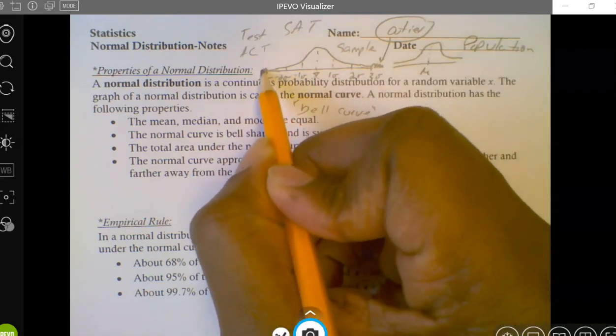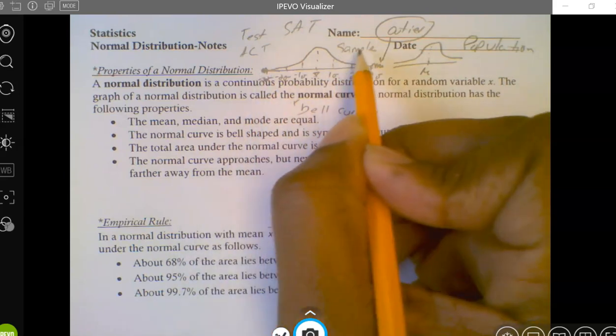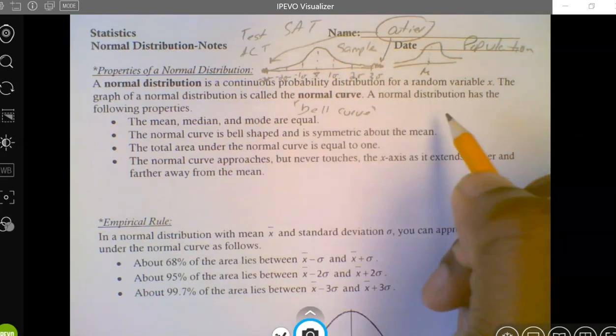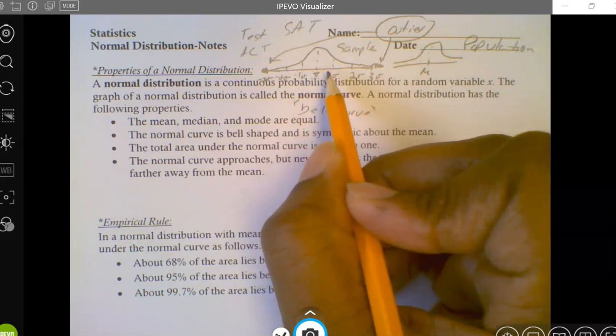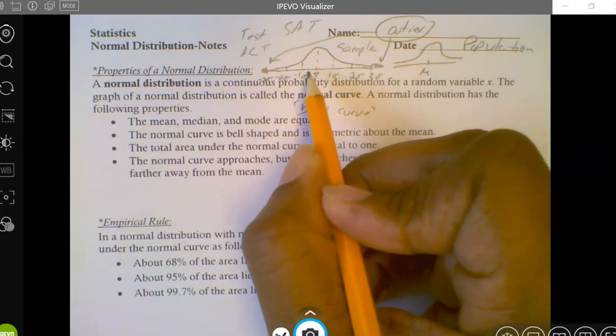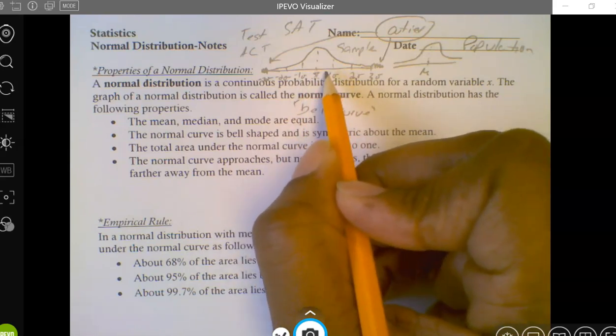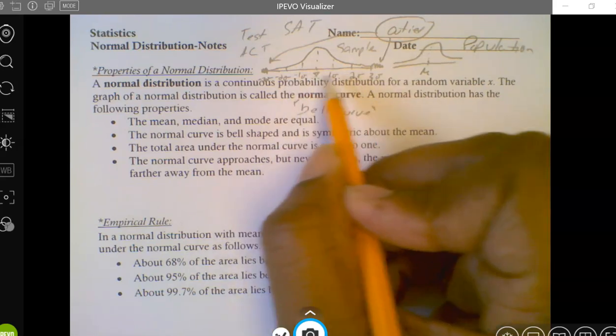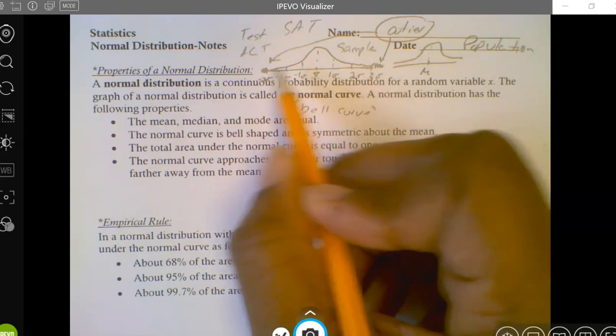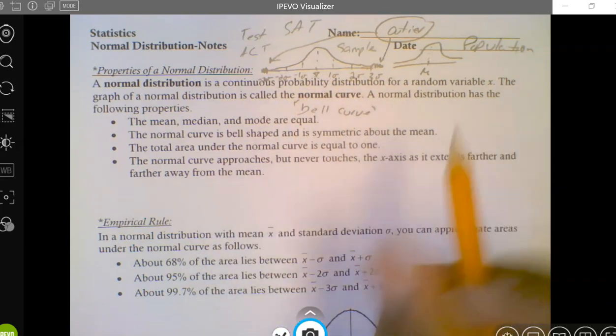Again, on this side, outside of -3 is also an outlier. But basically the majority of people should be lumped somewhere within one standard deviation of the mean. We're going to talk about percentages there in a moment, but that's what a normal curve is, and that's what this lesson is all about.